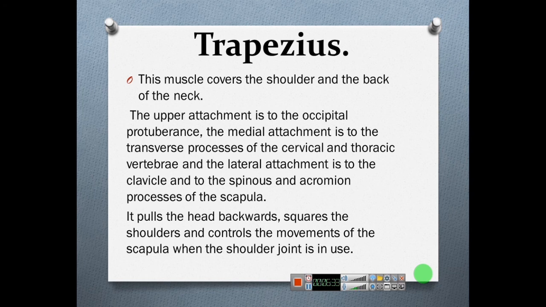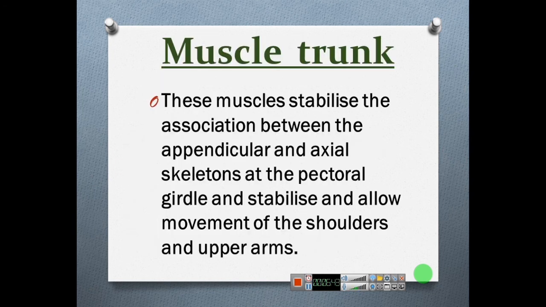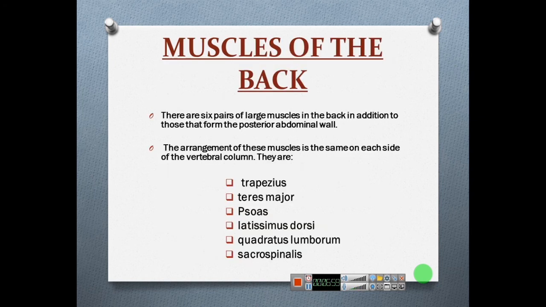It pulls the head backwards, squares the shoulders and controls the movement of the scapula when the shoulder joint is in use. Muscles of the trunk stabilize the association between the appendicular and axial skeletons at the pectoral girdle and allow movement of the shoulders and upper arms.